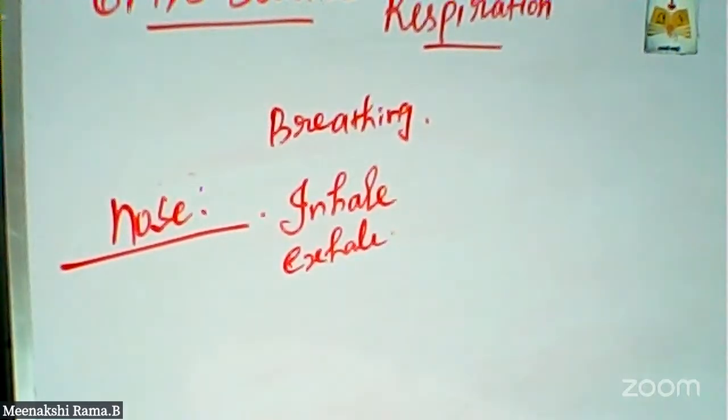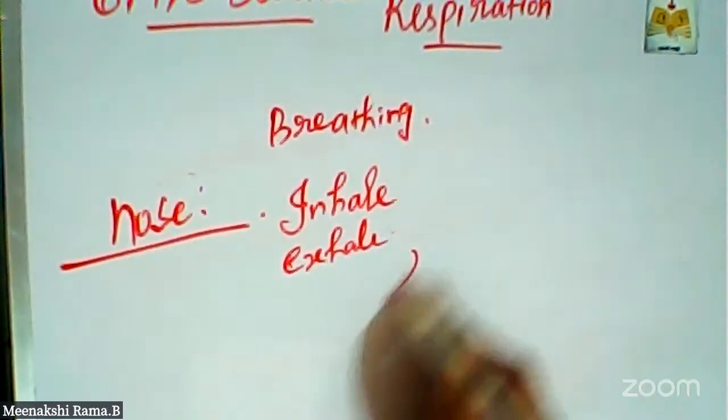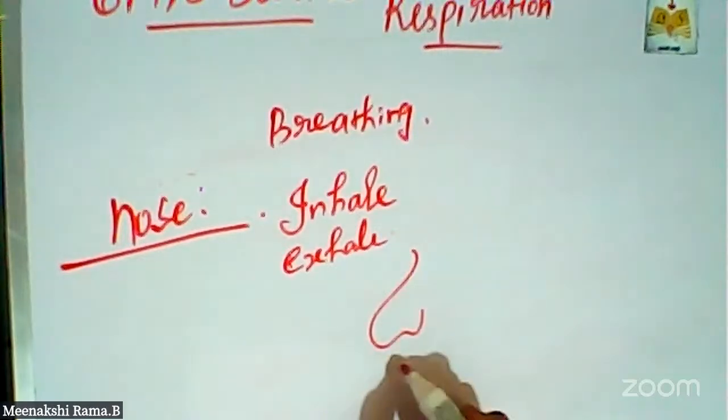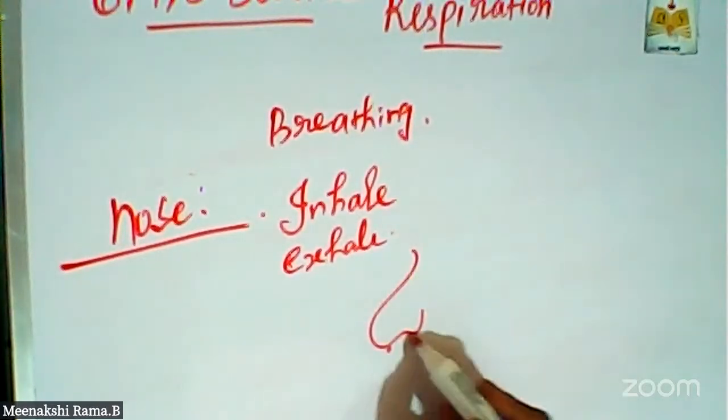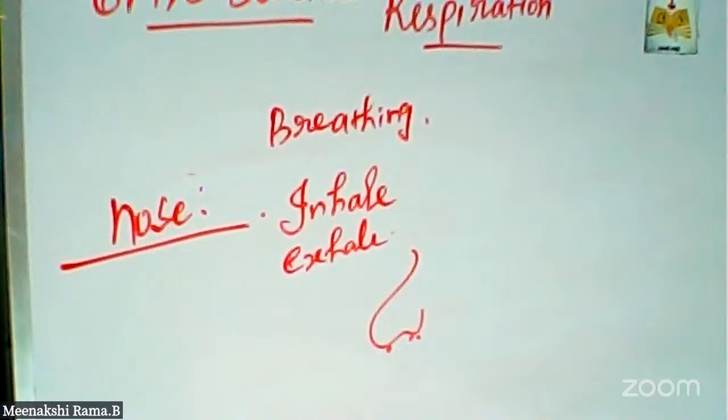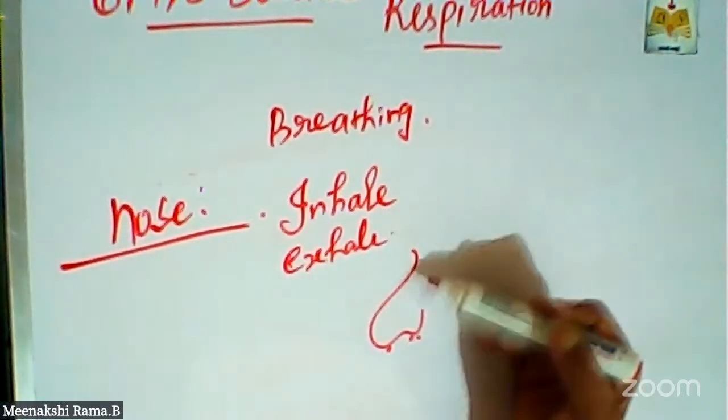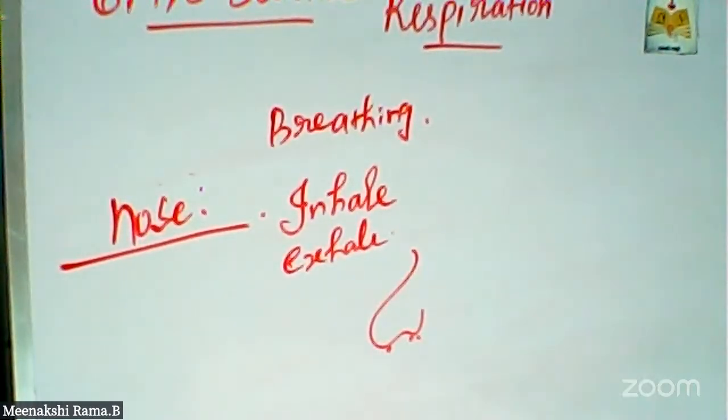In inhalation through the nostrils, the air enters our nasal cavity. This is the nostril structure. There are two nostril holes. The air is inhaled from the atmosphere.